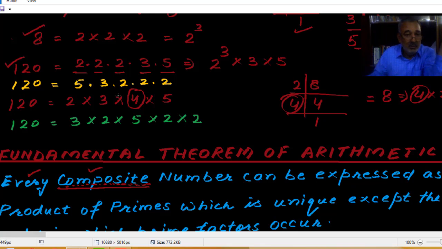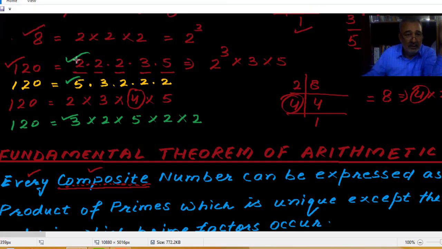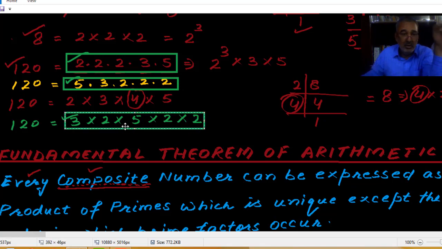Are these expressions wrong? No. This is just the same, as I am taking the same primes. But my order of writing these prime factors is different. If someone writes this prime factorization as this, or as this expression, or as this, there is only a change of order of primes.